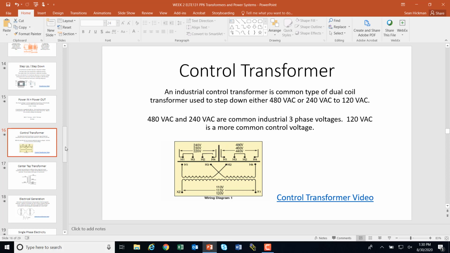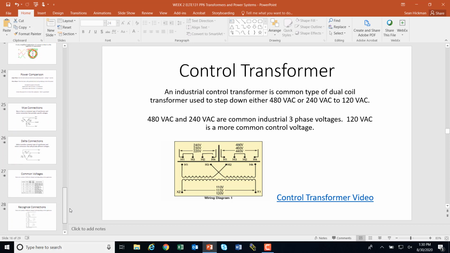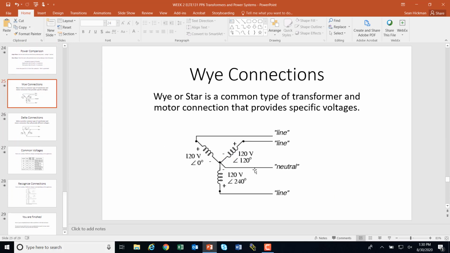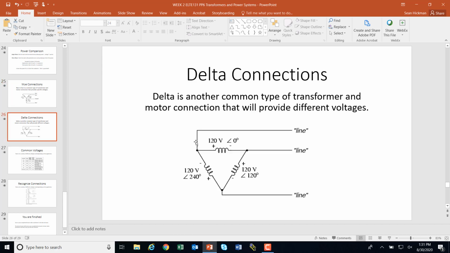Okay. And then we talked about what that all applies to, how you connect something with Y, whether it ends up being a series connection here. These would all be series paths, line to line. Or if you end up with a delta, you're going to end up with parallel loads here between your lines.